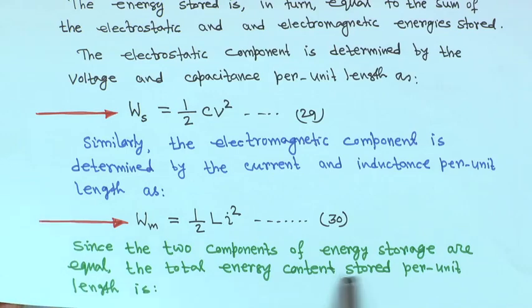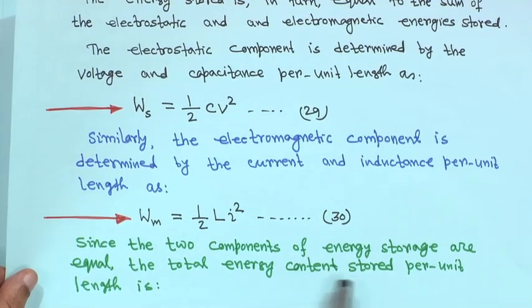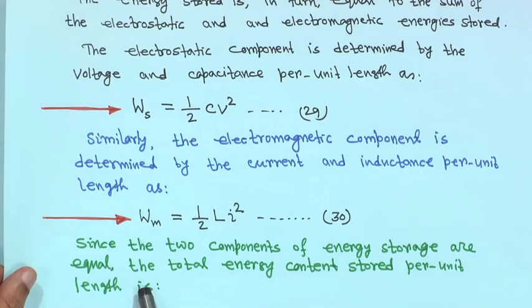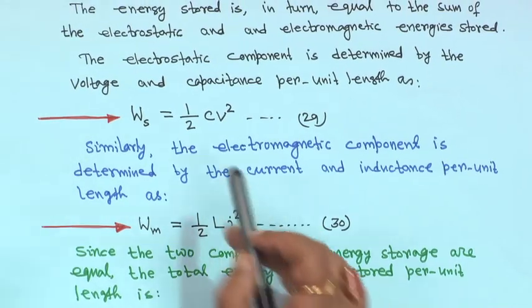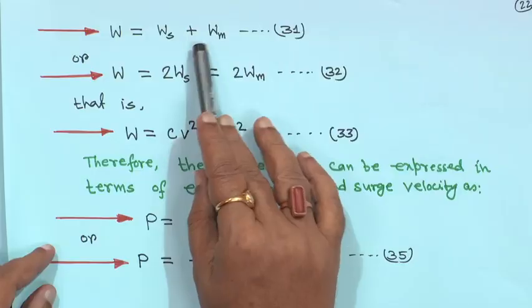Since the two components of energy storage are equal, the total energy content stored per unit length will be W is equal to Ws plus Wm, and we are considering it lossless.